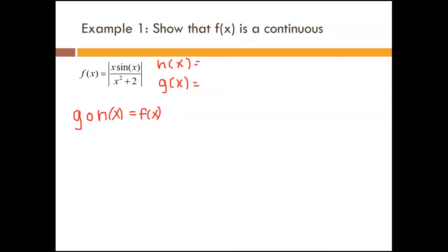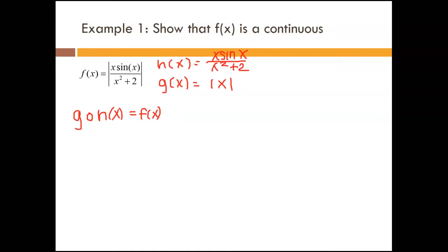In order to make that work, we're going to take the outer function and call it g. In the case of this problem, the outer function is the absolute value. So we're going to say that g of x is the absolute value of x. If g is the absolute value of x, h is going to be representative of the inside function, which is x sine x all over x squared plus 2.